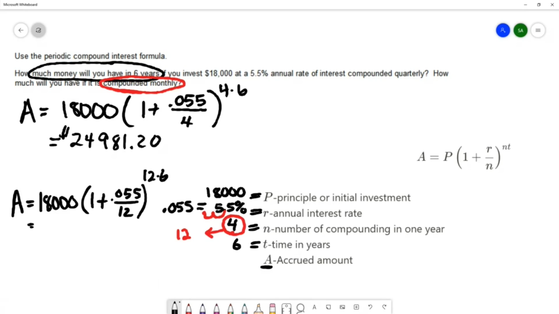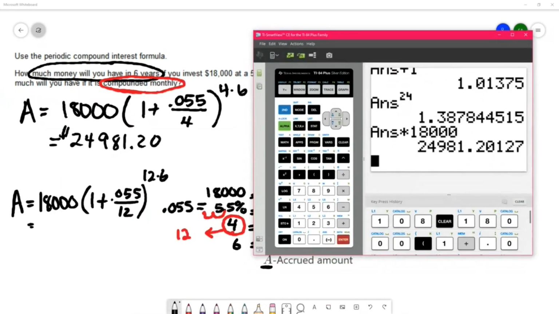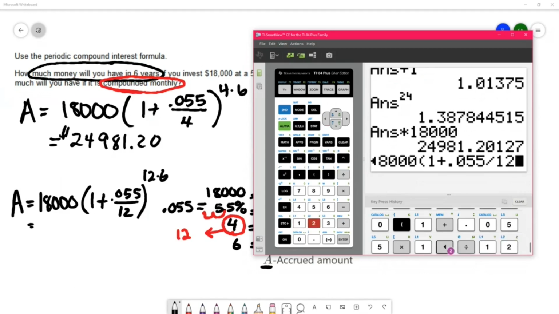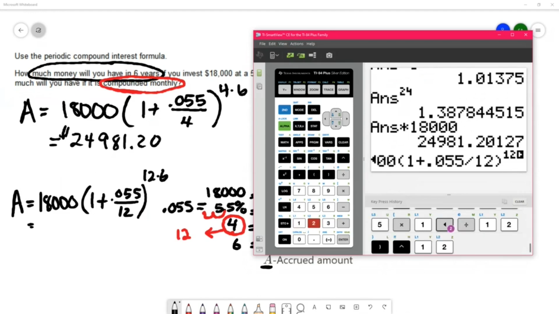Let's bring my calculator back and we'll type that in. We have 18,000 times 1 plus 0.055 divided by 12, and then raised to the 12 times 6.